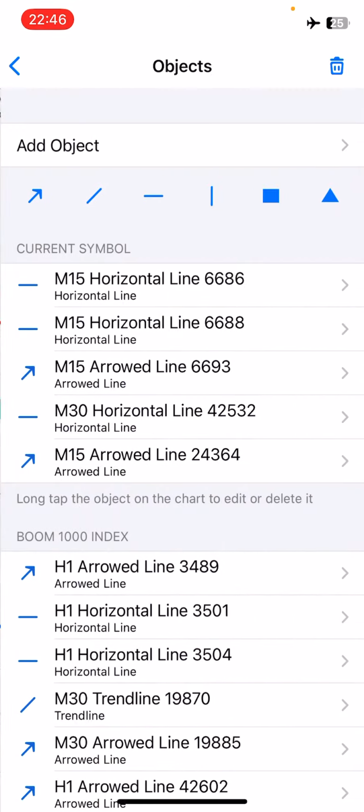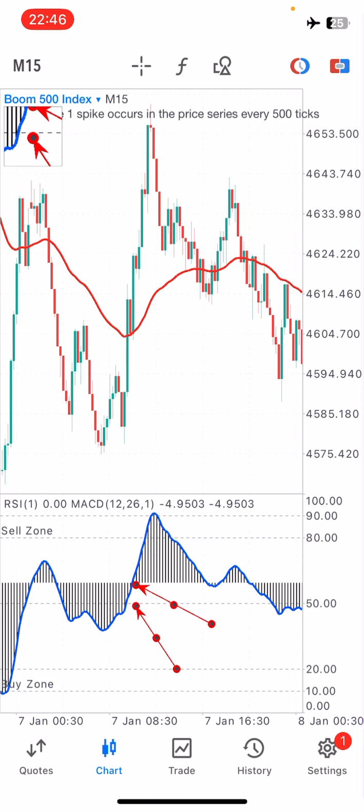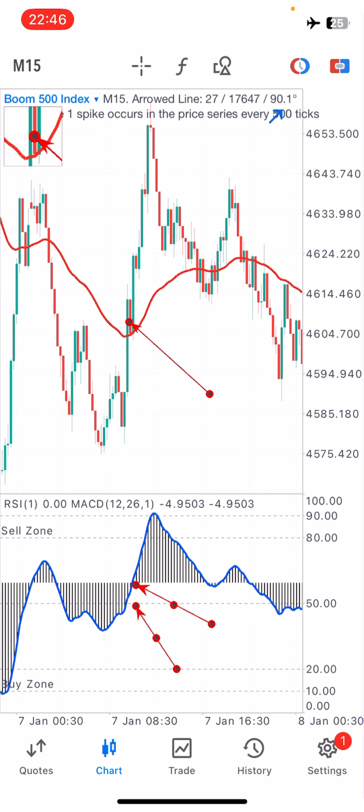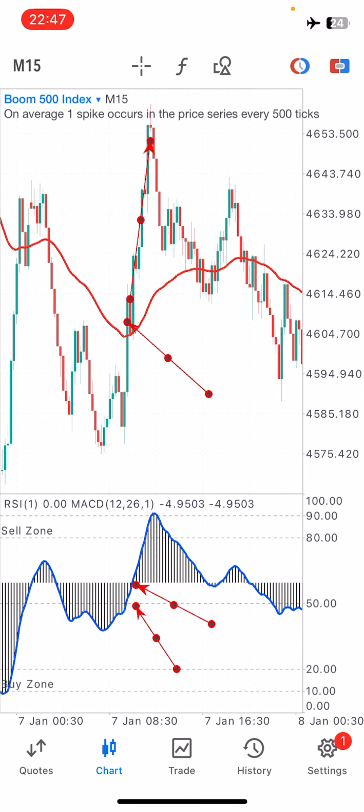At the same time, it also has to be above this 50 level. Then you go to your main chart and check to see if the candlesticks are above or below the red line. If they're above the red line, then your buy trade has been confirmed, and you can now enter into that nice buy trade and get some profits.